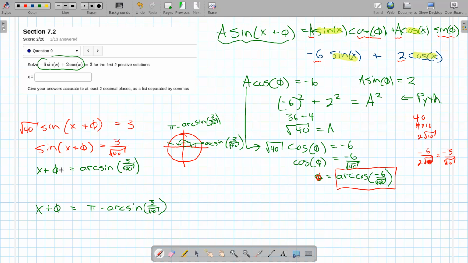Now I want x, which means I need to subtract phi over to the other side. So x, let's call that x1, would be the arc sine minus phi, and phi really is that arc cosine.